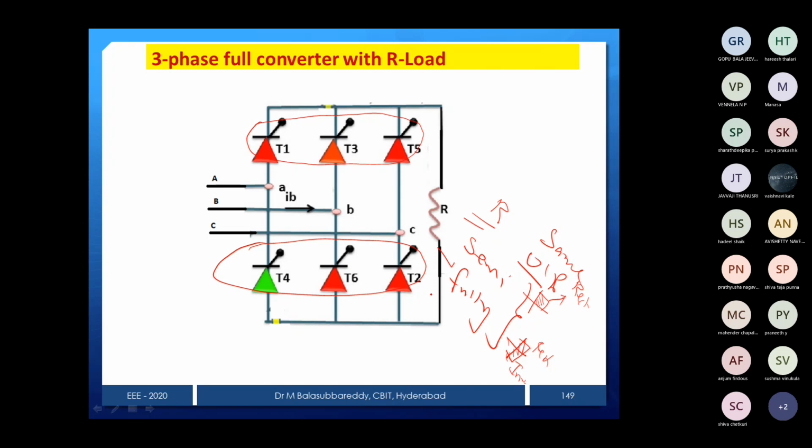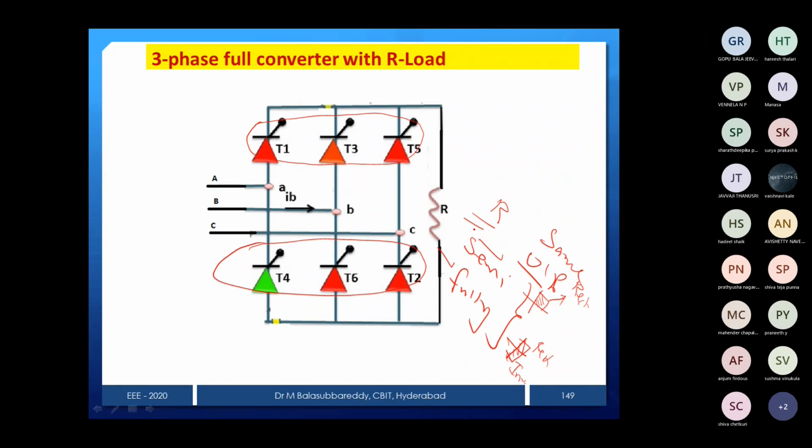And another one, whenever you require only motoring, you have to go for the semi converter only, not the full converter, because the full converter is costly when compared to the semi converter. But whenever you require two quadrant operation, you can go for a full converter. Two quadrant means motoring operation as well as braking operation. In terms of a drive, it goes forward motoring, and whenever you want to stop, you can apply the inversion mode of operation, that is a braking operation.